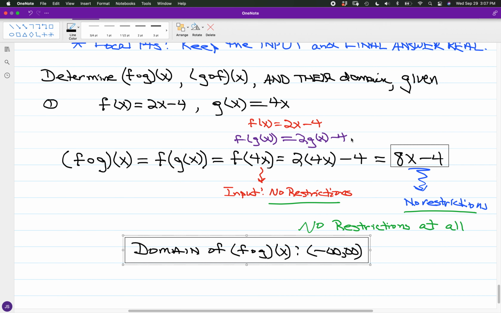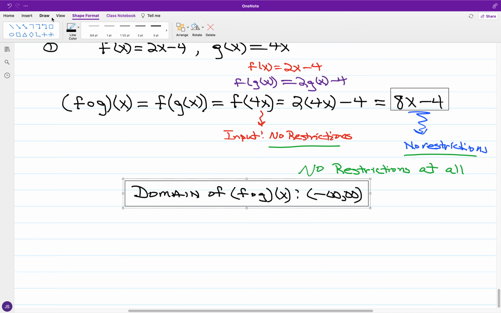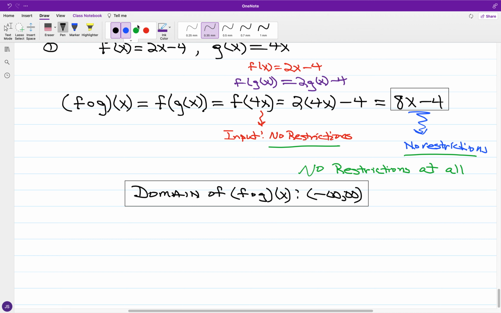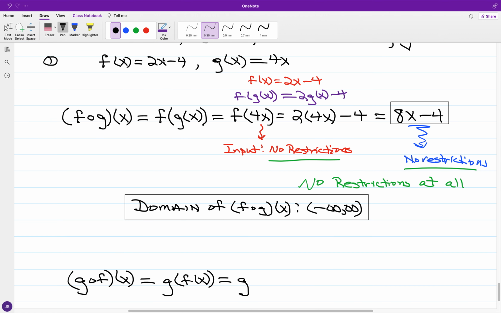Okay, and for what we have, just taking the reverse. We have g composed with f of x. So I have g of f of x, and going ahead and specifying the input, f of x is defined by 2x minus 4.